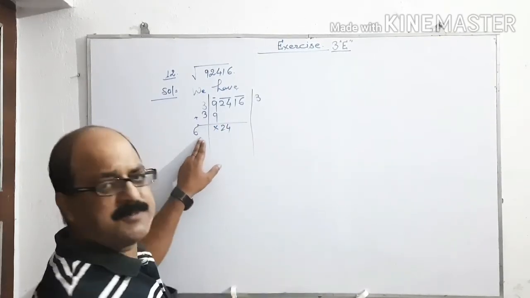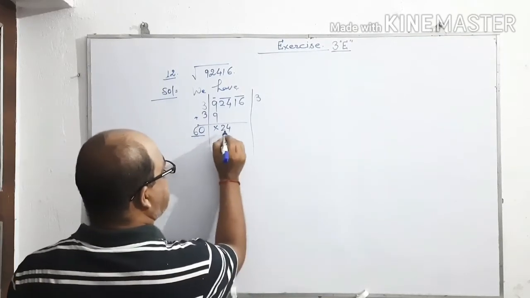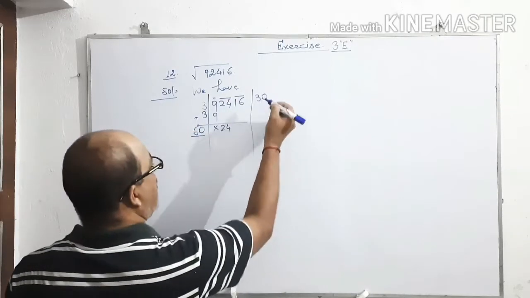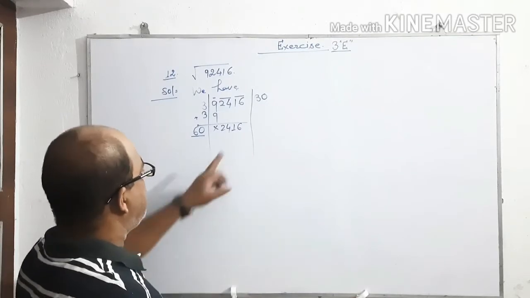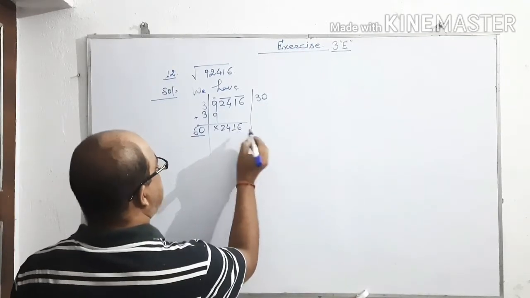As we have seen, if we put 0, then 60 is greater than 24. So we have to put 0 again and note down 60 also. Now we will get 6 in the unit place.